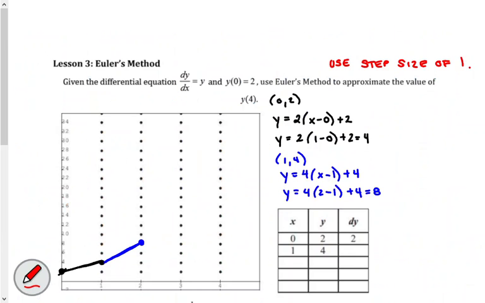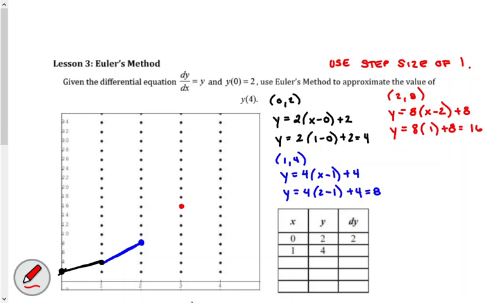Exactly. So then he made another tangent line at (2, 8) and said, okay, y equals 8 times (x minus 2) plus 8. So we plug in 3, so 3 minus 2 is 1, plus 8 is 16 now. That's why I had 16 in my head.